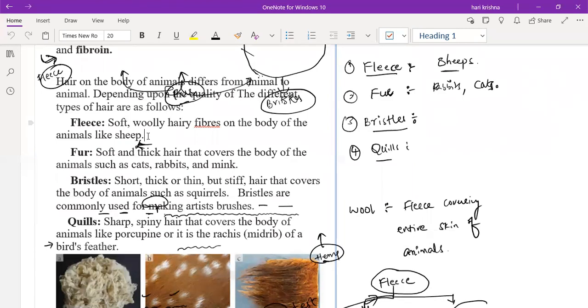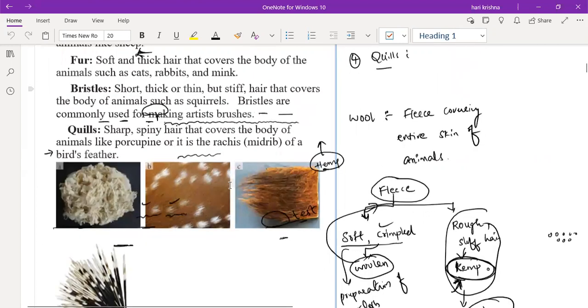Soft in nature, and when you touch it, mostly it is present in the sheep. The next one, when you touch the cat, fish.